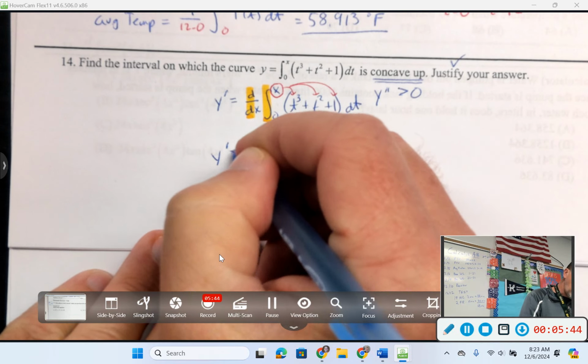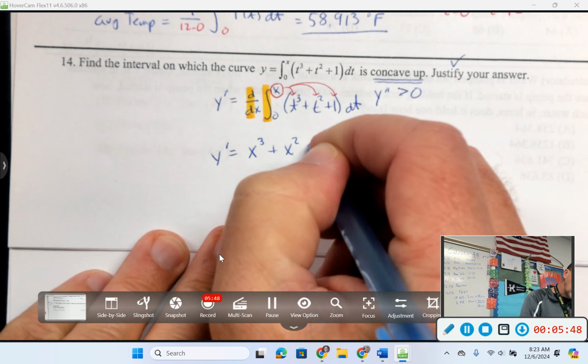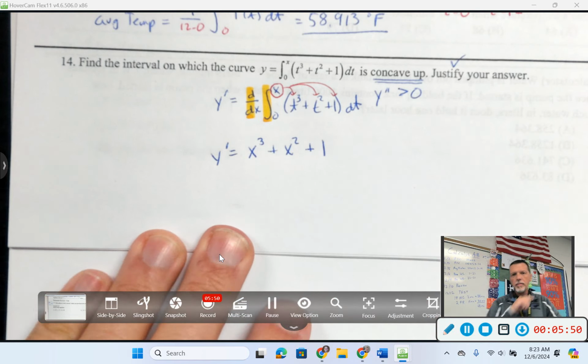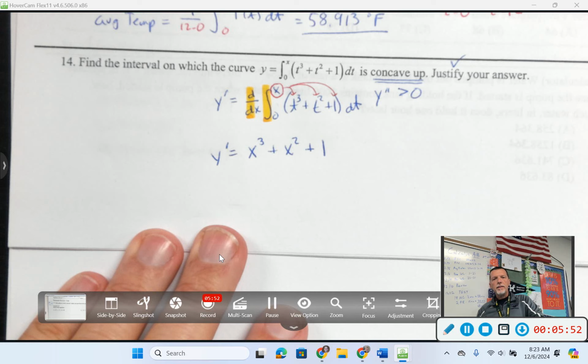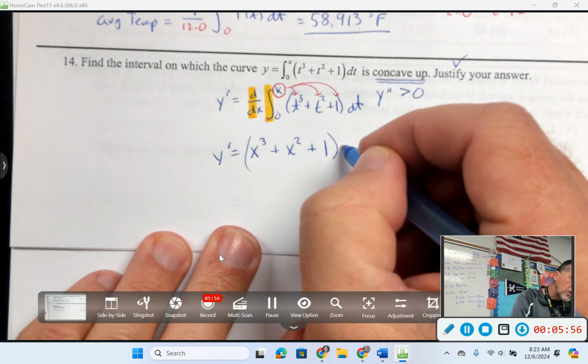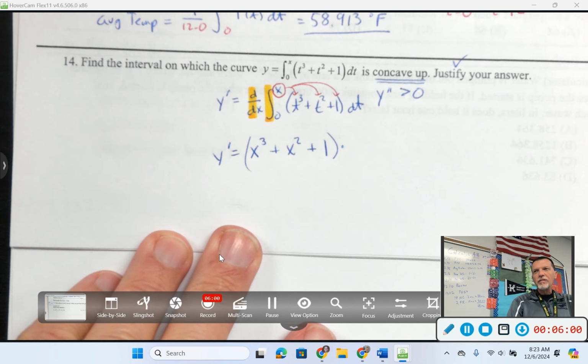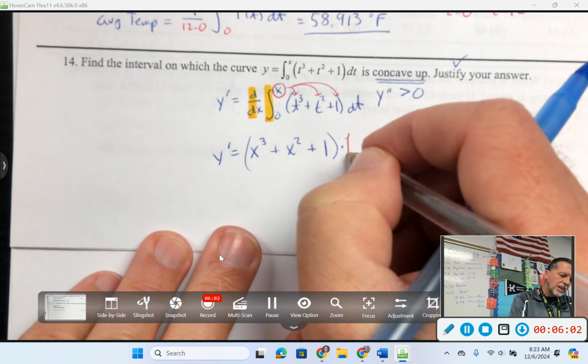So y prime is x cubed plus x squared plus 1. Well, let's go ahead and do it all the way out here. So times the chain rule, so we don't forget. What's the derivative of x? 1.